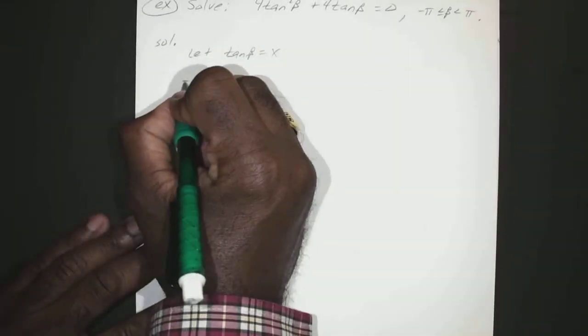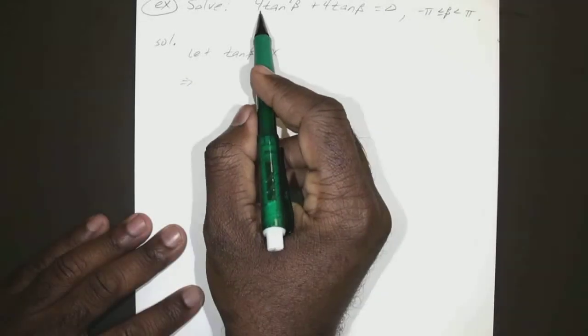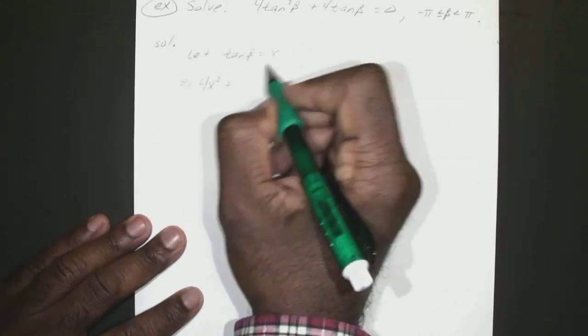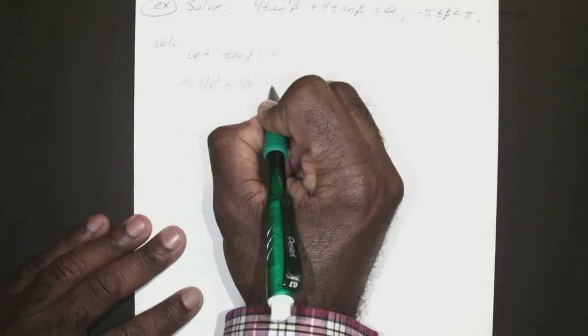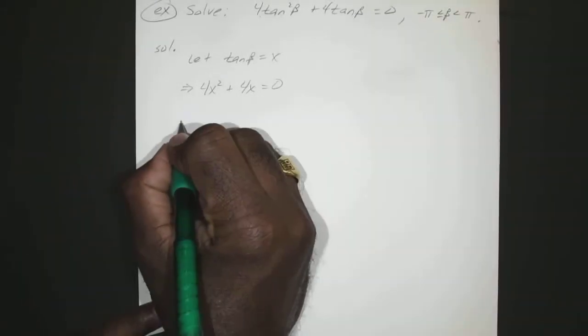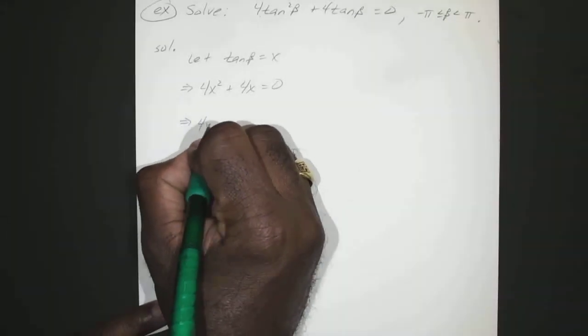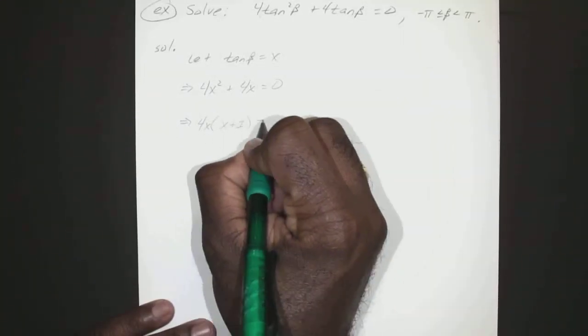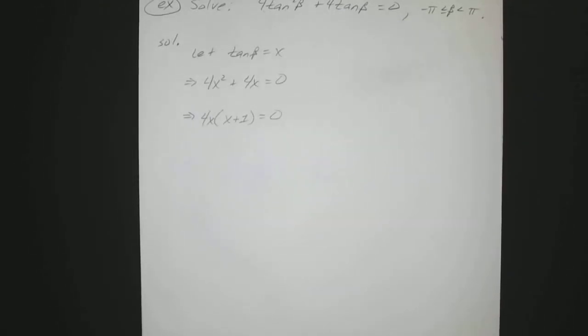Okay, so that gives us 4x squared plus 4x equals 0. Okay, which means we can factor out a 4x. So you have 4x times x plus 1 equals 0.